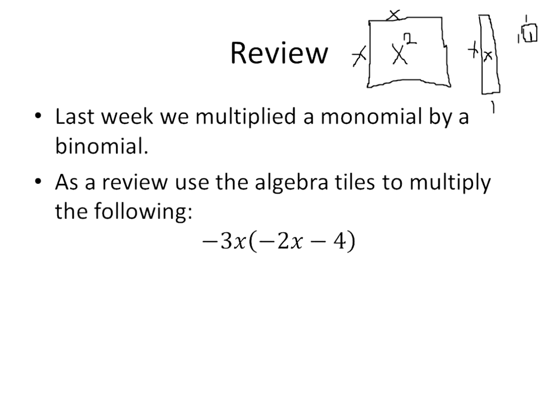Some of you did it on this side, some of you did it on this side. Does it make a difference? No, it doesn't. You're still going to get the same result. It just looks a little bit different because it's just turned, isn't it? Okay, so put 3x's there. And then the other side was negative 2x, and then it said minus 4, right?